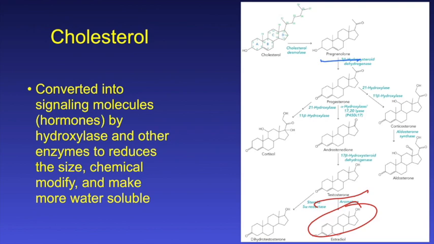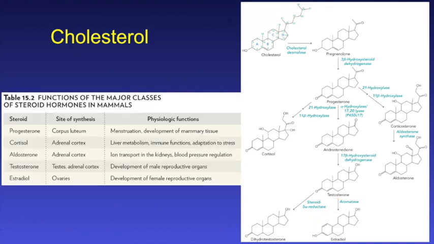But all of the steroid hormones are smaller in size than cholesterol itself. There are a whole bunch of classes that have a whole bunch of physiological responses, but all based upon cholesterol. So cholesterol is not necessarily bad. Cholesterol is actually necessary. And so we will use cholesterol in a number of different ways.